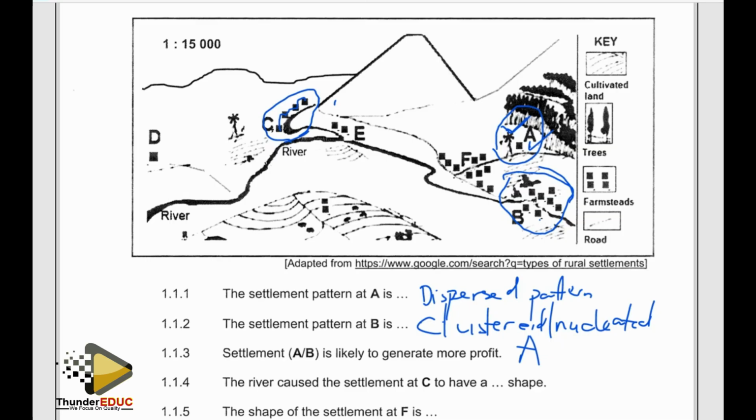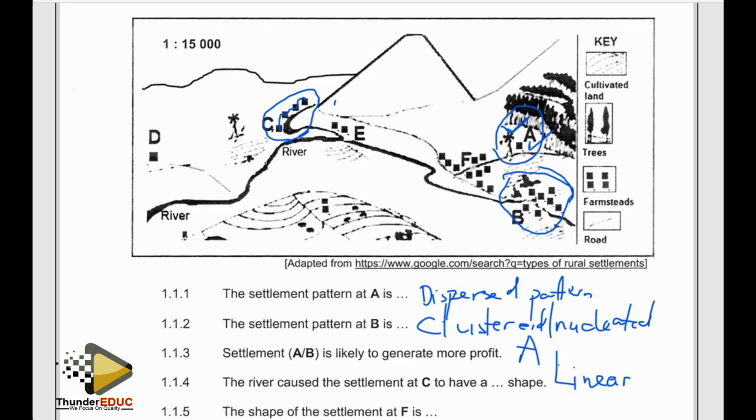So the river caused the settlement at C to have a dash shape. We are saying the shape is influenced by the river, and the river is making the units come in a linear form. So they are in line along the river, implying that the shape of the settlement there is linear. Right, we move on to the next question, which is 1.15.